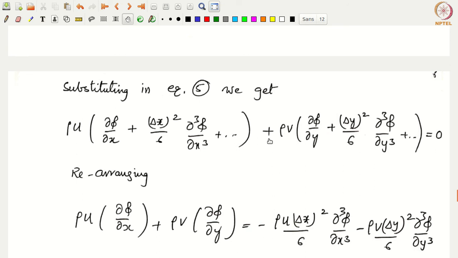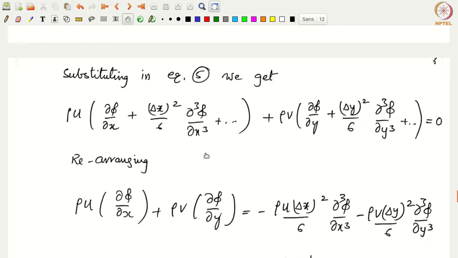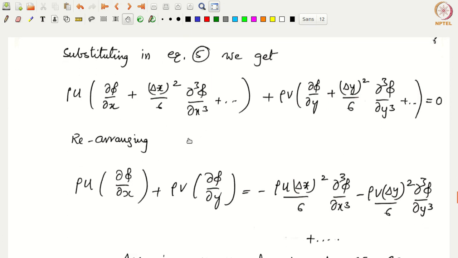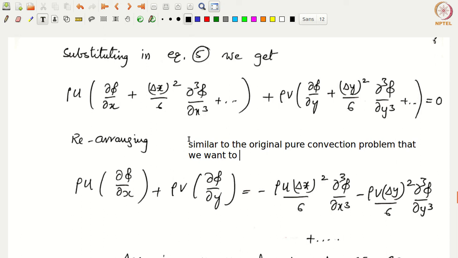There are several terms here. Now of course we can rearrange this such that it looks somewhat similar to the original pure convection problem that we wanted to solve, right? So let us do the rearrangement.